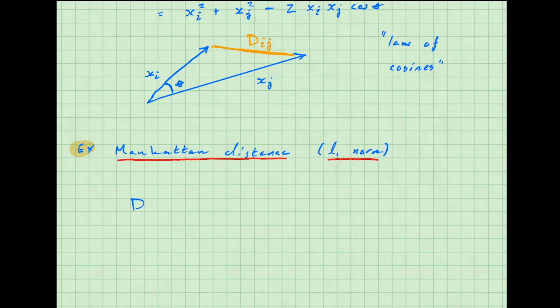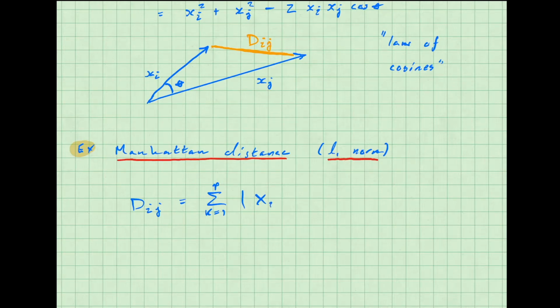So for this one, the distance between these two observations is defined like this. It's a sum over all of the variates or features. Sorry, that should be a sum over k, k equals 1 to p. So there's p different columns, of the absolute value of the difference between the variates for the two different rows.